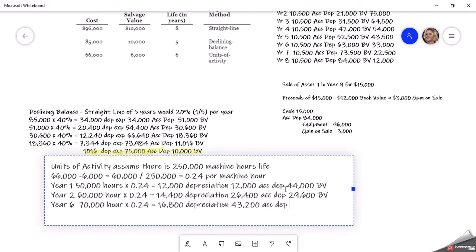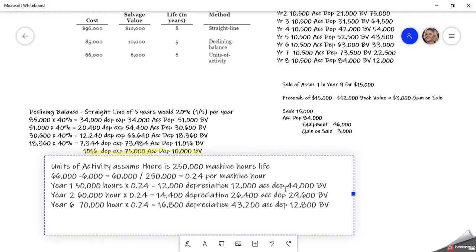And then our net book value goes down to 12,800. Then, whoops, I'm sorry, that was year 3. Okay, but then now it goes down.